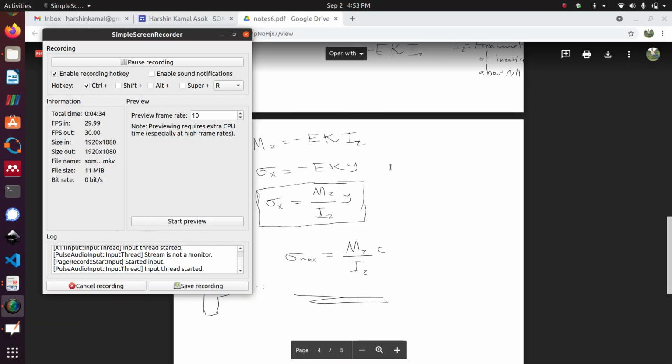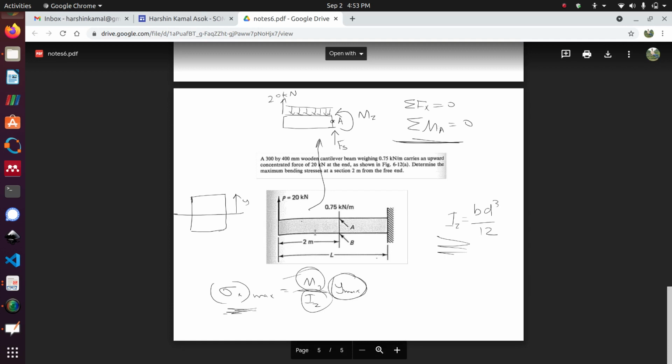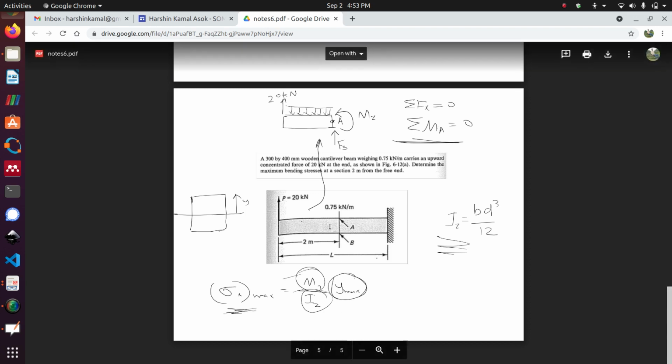I think in the last problem I've given you had used the same formula, but in the format we derived.